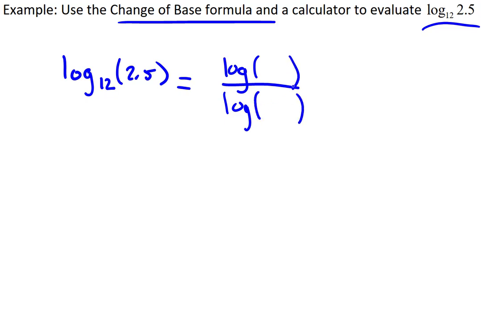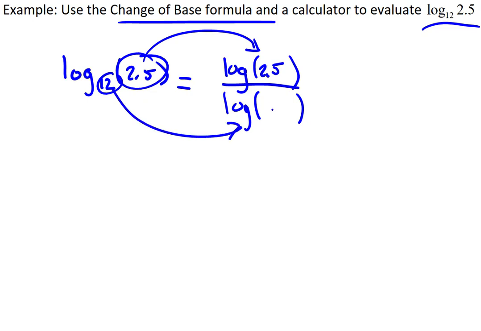But either way, if I use the plain log, log base 10, then I'm going to take the input that was in the original expression and put it in the numerator. So I want log of 2.5 in the numerator. And then I take the base of the original expression and put it as the input in the denominator. So I want log of 12. So this is applying our change of base formula as we just wrote.